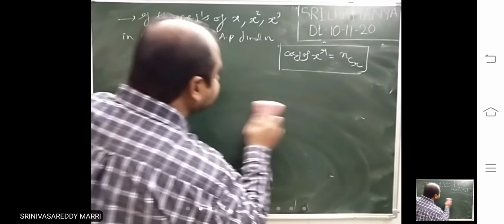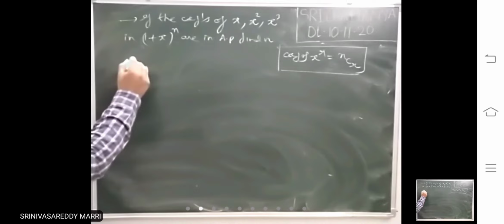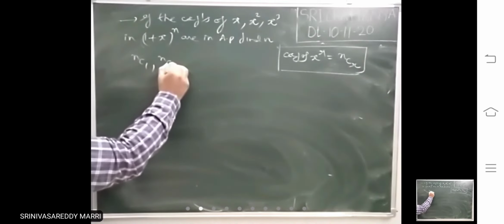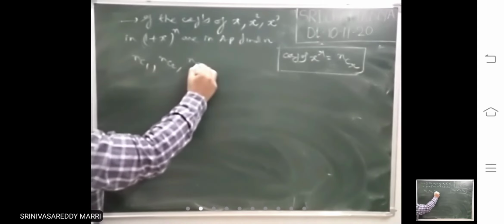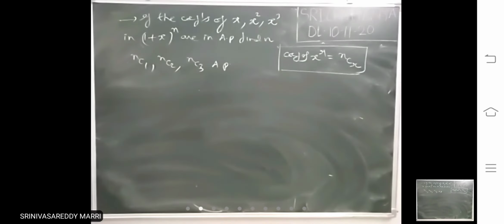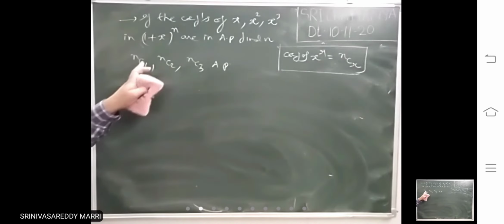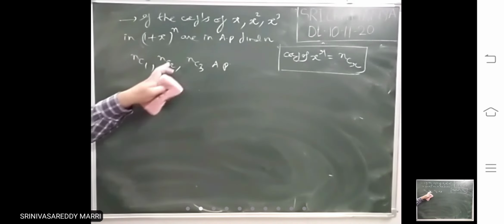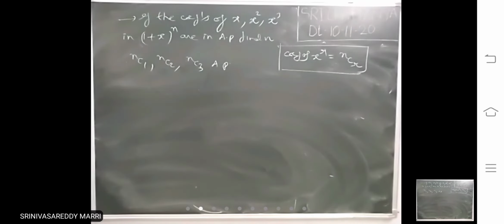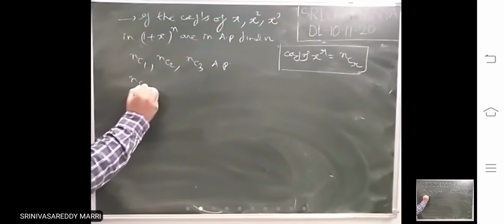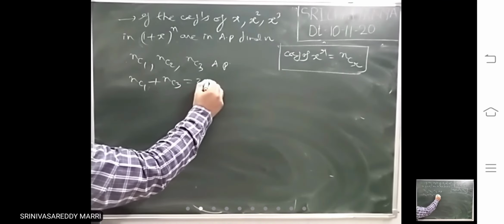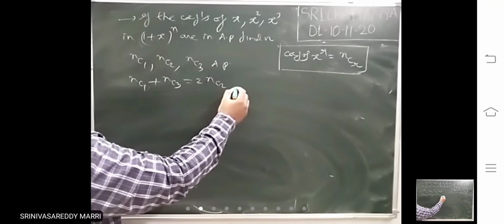Right? Now coefficient of x power 1. That means nC1, nC2, nC3. They are in AP. x power 1 nC1, x square nC2, x cube nC3. This is the formula, right? So therefore nC1 plus nC3 equal to twice nC2.